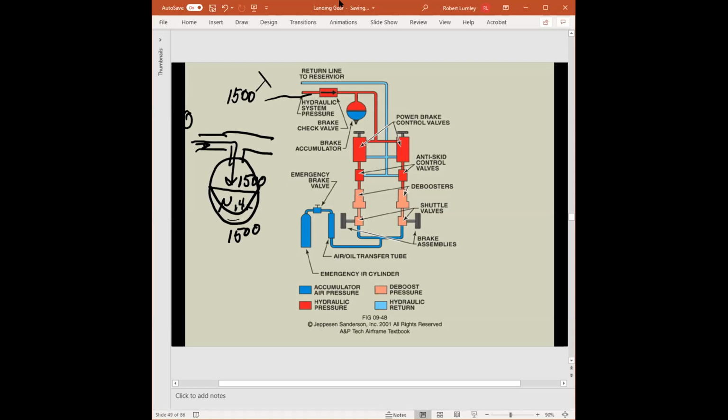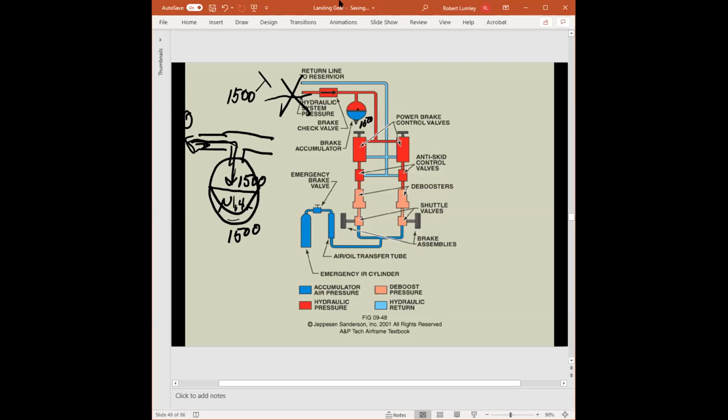Well, if we didn't have the check valve, the diaphragm would expand and push this fluid back out to the system. We don't want that to happen. We want to store that for the use of brakes. And so we now have hydraulic fluid under pressure, say 1500, regardless of whether the hydraulic system is functional.